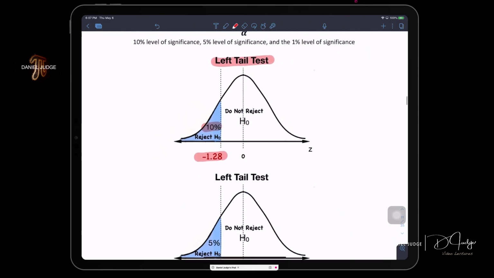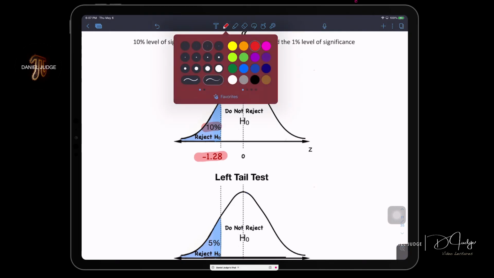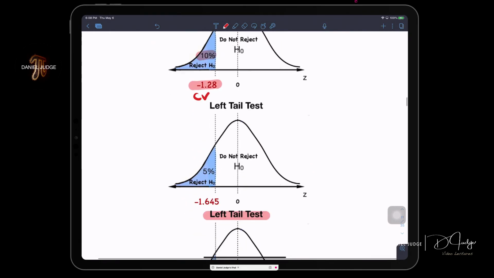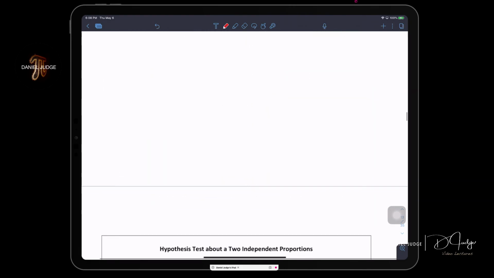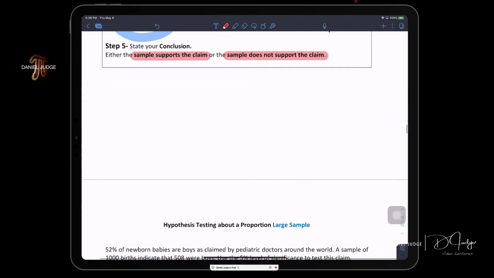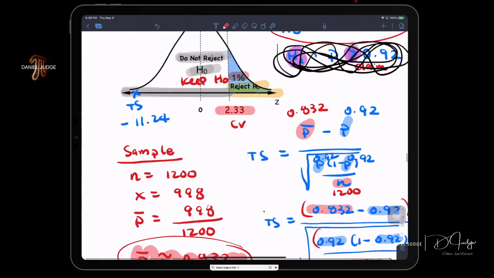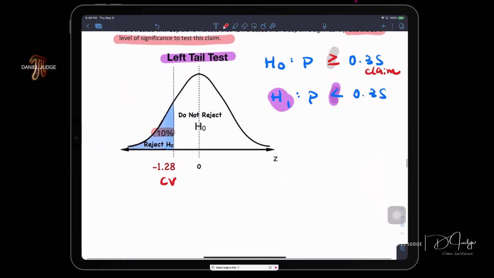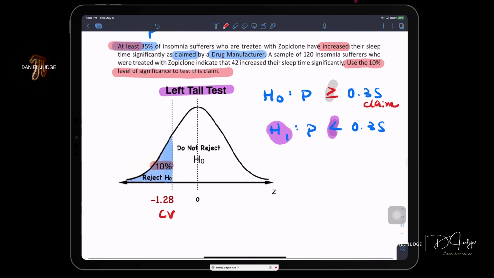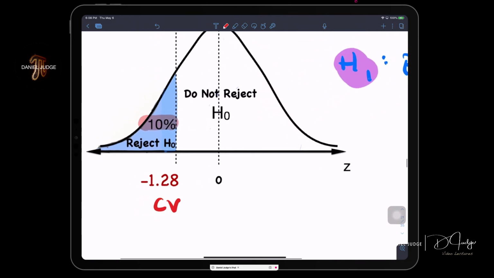That's my critical value. Let's double check, and sure enough, we do have the correct critical value.